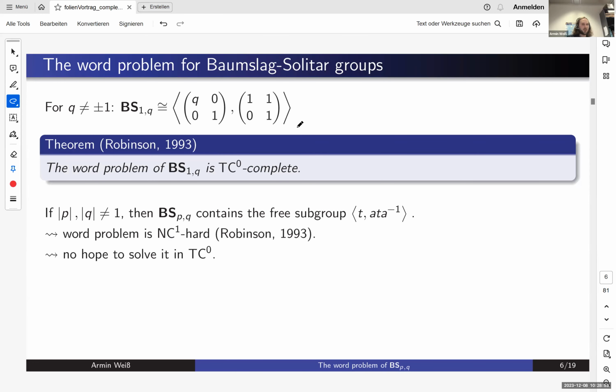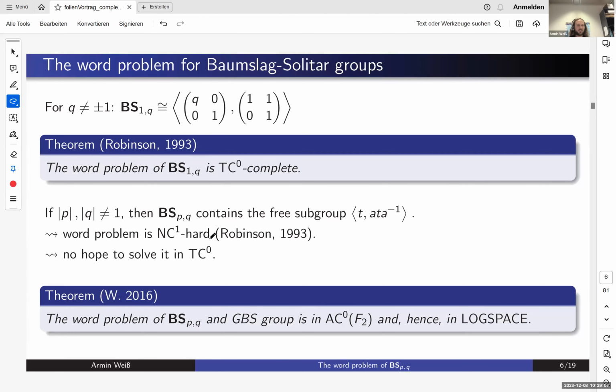If p and q are not one, then we have a free subgroup, for example this free subgroup in our Baumslag-Solitar group. So we cannot expect it to be in TC0 because it's actually NC1 hard. But we still know, as I said before, that we can solve it in this class AC0 with F2 oracle gates. So in particular, we can solve it in log space.